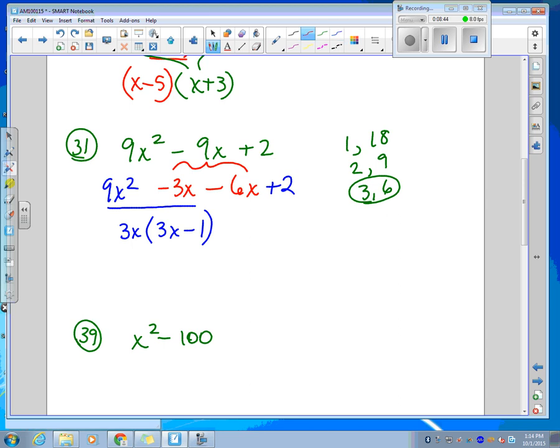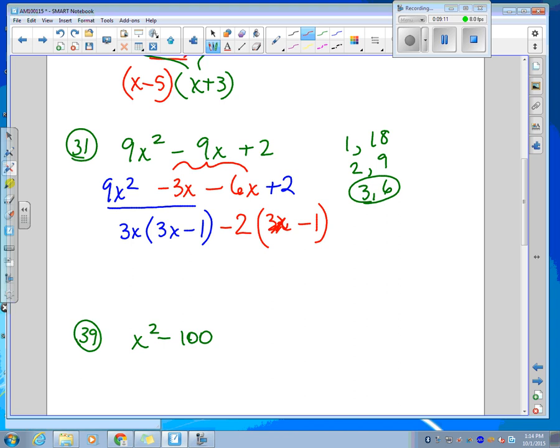Then this needs to be negative also. But the common factor is negative 2. This is negative, this is negative. So it's going to be negative 2 times what gives me 6x, and it's going to be 3x. And negative 2 times negative 1 gives me positive 2.